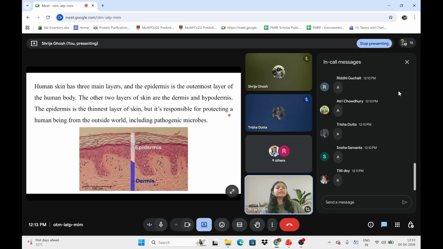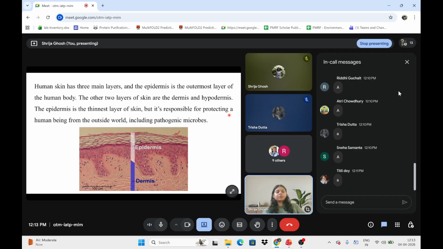That's why if you get any cuts or wounds, it is advised to put some antiseptic lotion that can prevent the microbial growth, because now your epidermis is broken. So any microbe can enter through that wound. So if you want to prevent any microbial infection, it is better to put some antiseptic chemical that can stop or inhibit the microbial growth, so that no bacteria or no microorganism can enter your body and cause some kind of disease or infection.